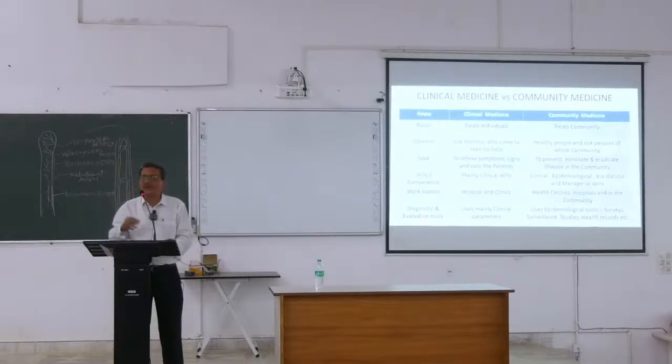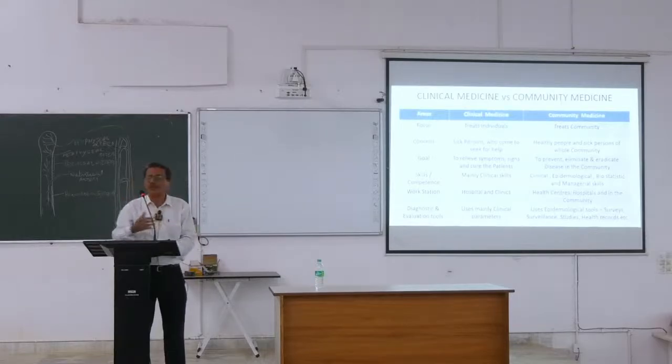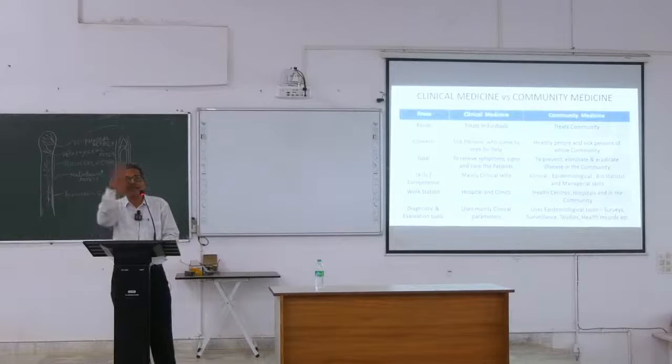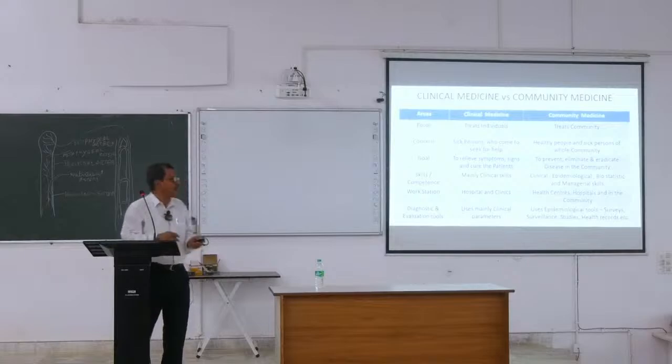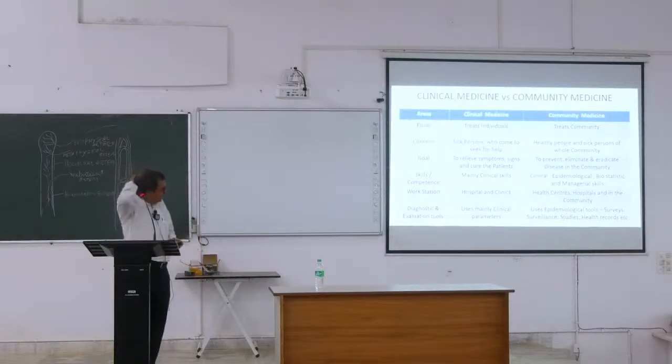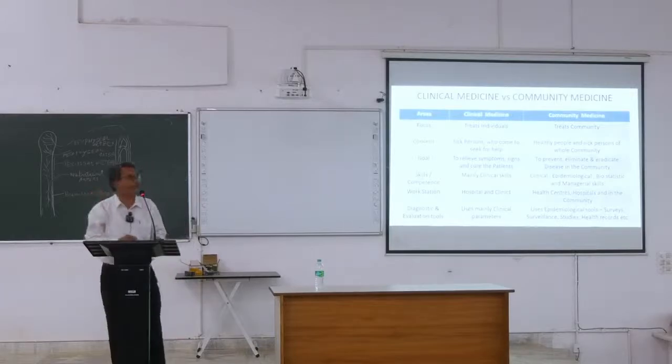It may be religion-wise also: Hindu community, Muslim community, Christian community, Buddhist community. The whole Bolpur subdivision may be a community, the whole Birbhum district may be a community. So its focus is mainly on the community.